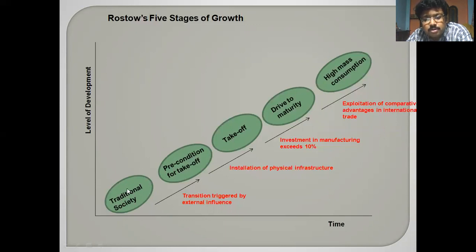A barter system actually exists, and there is low social mobility also. The society is obviously rigid.